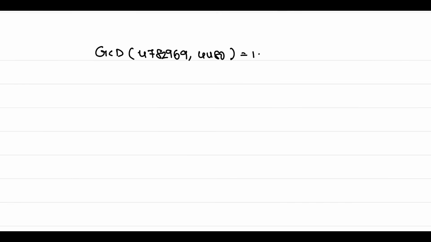If you try to divide by 4480, it will not divide. They don't have a common factor except 1, because here the last digit is 0 and here the last digit is 9, even and odd numbers. You try and get the value. GCD is 1.